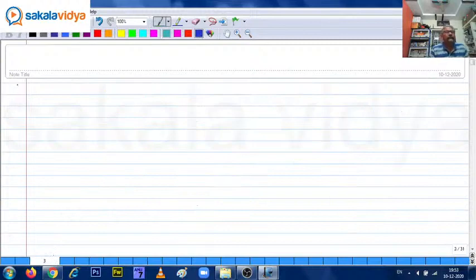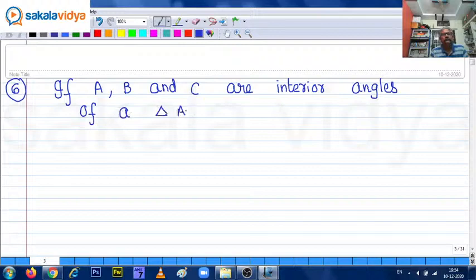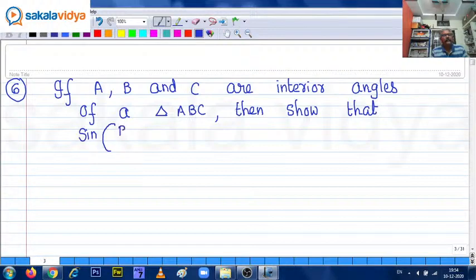Okay, sixth question. If A, B and C are interior angles of a triangle ABC, then show that sine of (B plus C) by 2 equals cos A by 2.